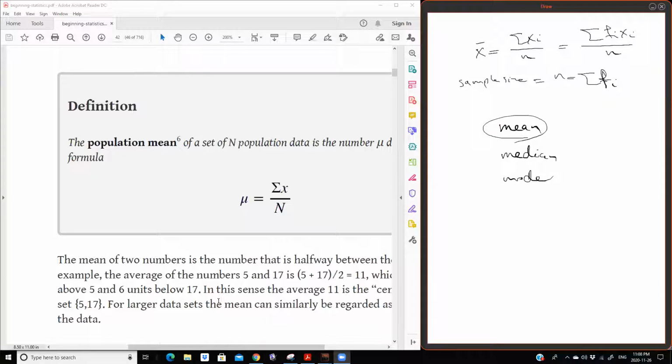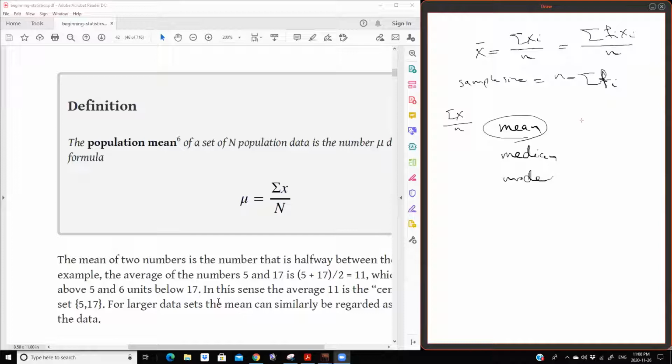If you have just a sample, you're going to use this formula to calculate the sample mean. But imagine if you have all the information about the whole population. So you have a certain measurement for every individual in the whole population.